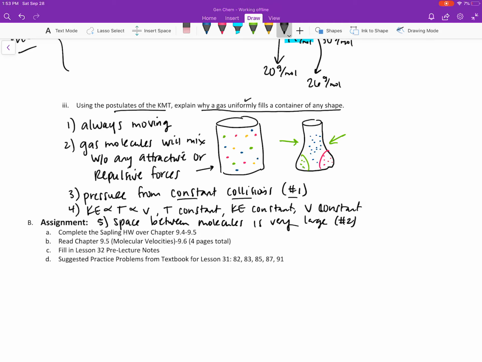Therefore, they will evenly distribute themselves to maximize that space, and then they are randomly colliding at all times. They're colliding with the sides of the container, they're colliding with each other. All of those things are contributing to the overall pressure of the system, which is constant, because we're not changing the temperature, the velocity, or the kinetic energy.